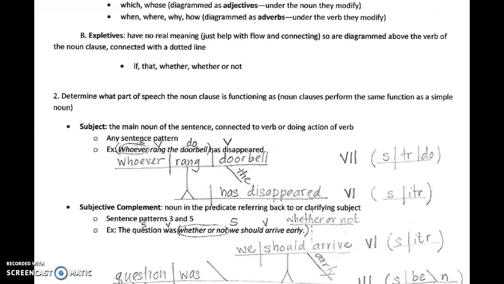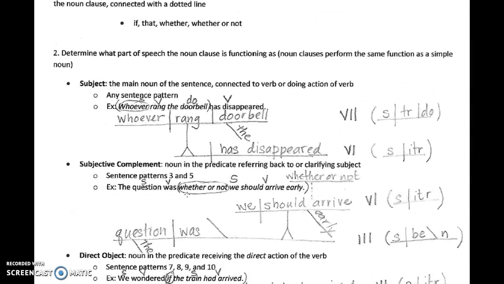So it can be a subject, meaning this whole noun clause is doing the action of the verb, like disappearing, has disappeared, and these all go on pedestals, so this goes in the subject spot. It can be the subjective complement, which means it is at the end of the sentence in the predicate modifying the subject.